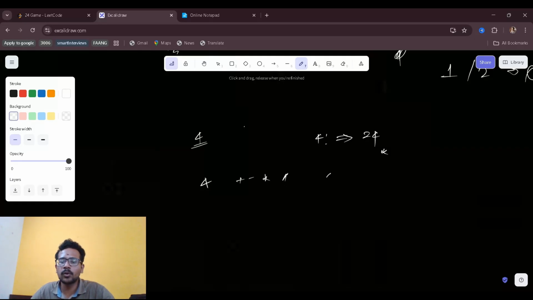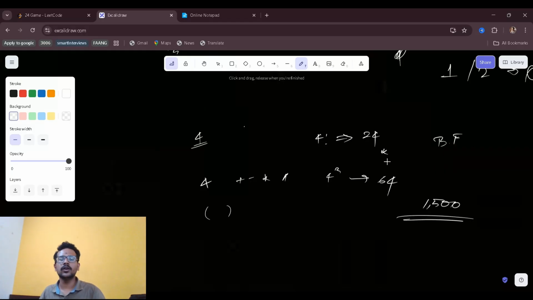So totally 4 cube, which is 64. And I can place parentheses in between them. I think this mostly doesn't exceed more than 1500 permutations, so it will go with the brute force solution. So no need to worry about this.